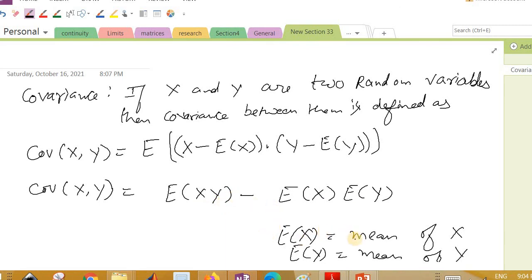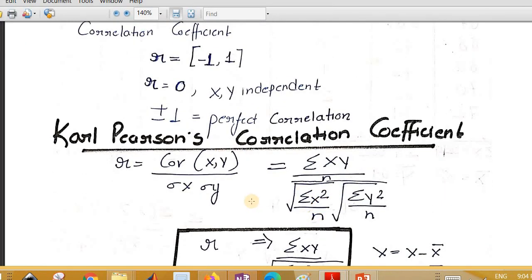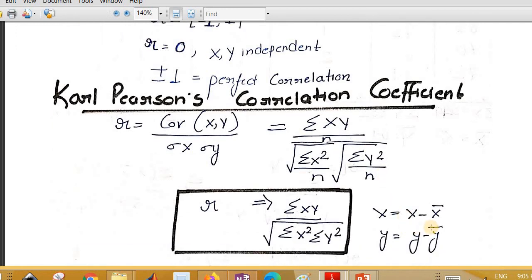Now come back to our point. The formula is covariance of xy, that is summation xy upon n, upon the root of summation x square upon n into summation y square upon n. Here capital X is x minus x bar and capital Y is y minus y bar.